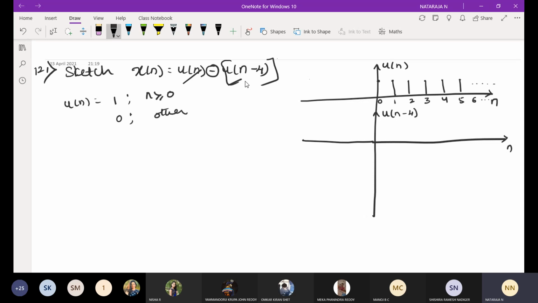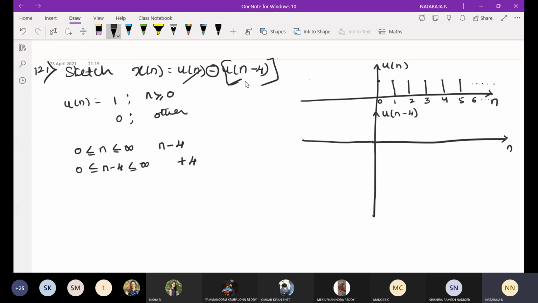Now I will take the original signal u of n, because I am going to find u of n minus 4 by making use of the original signal. That original signal varies from 0 to infinity, so n lies from 0 to infinity. n is replaced by n minus 4. Now 0 less than or equal to n minus 4 less than or equal to infinity. In the next step, I need n.